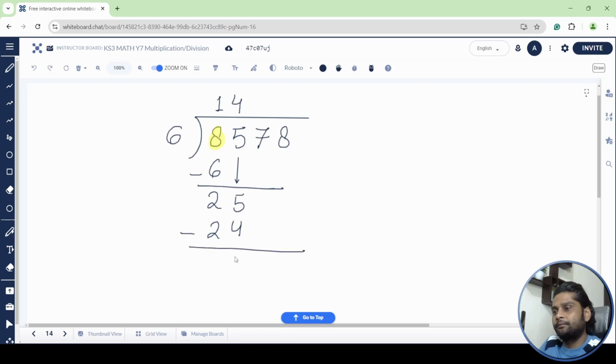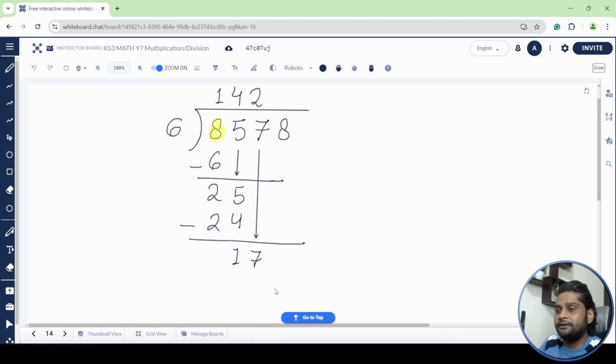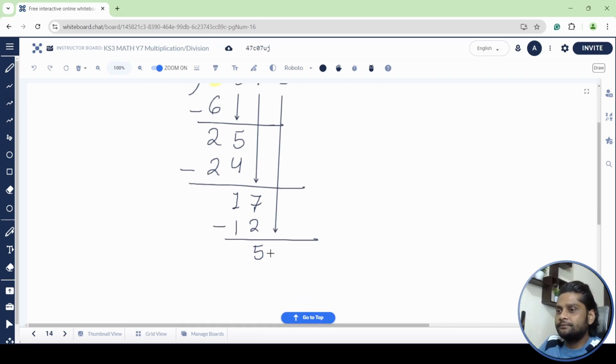We keep performing subtraction and we keep noting down the number next to that. We got 7 here. Now 6 goes for 2 times maximum because 6 times 3 will exceed. So we consider 6 times 2 is 12. We perform subtraction and now finally we have to note down 8 from here. And as we noted down 8, it became 58.